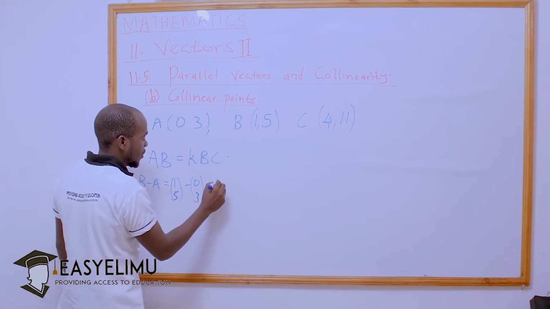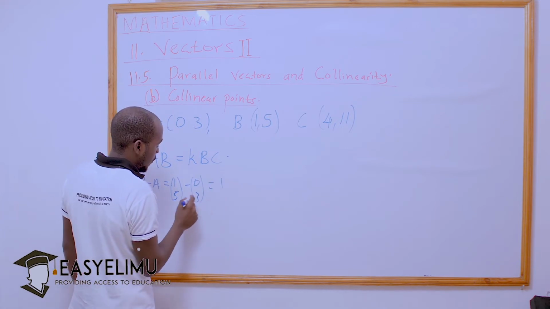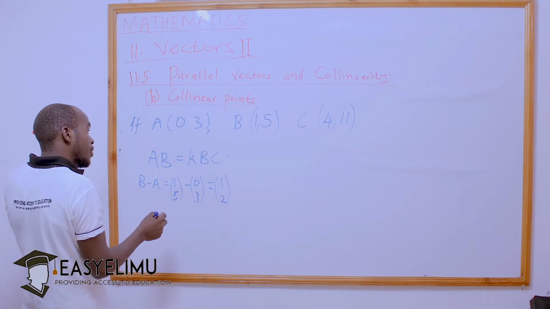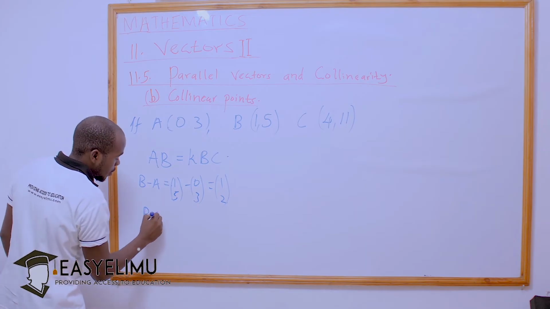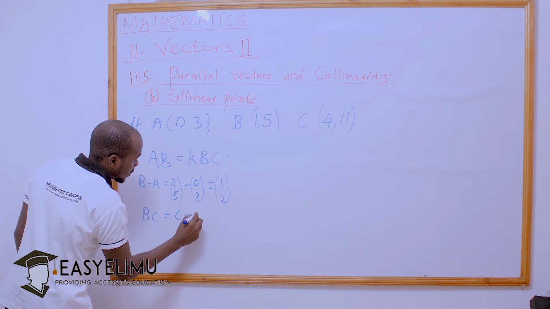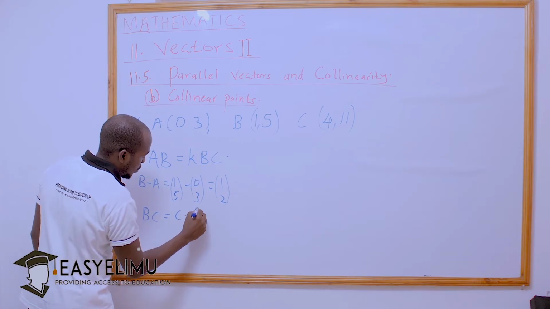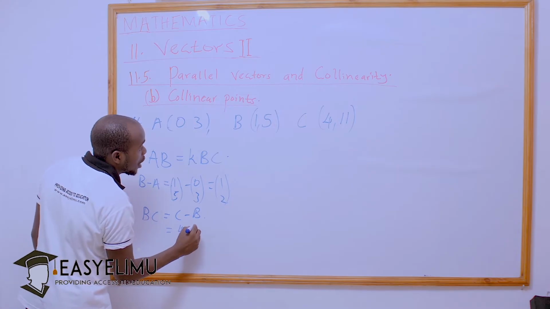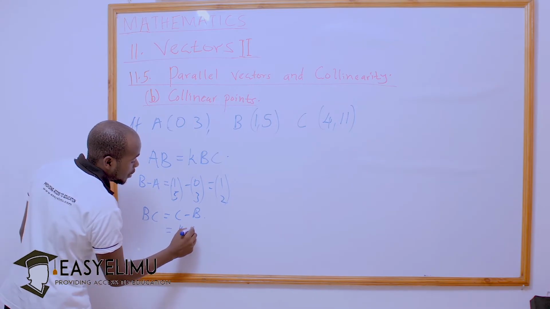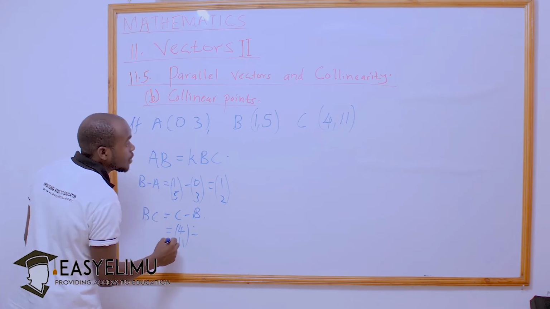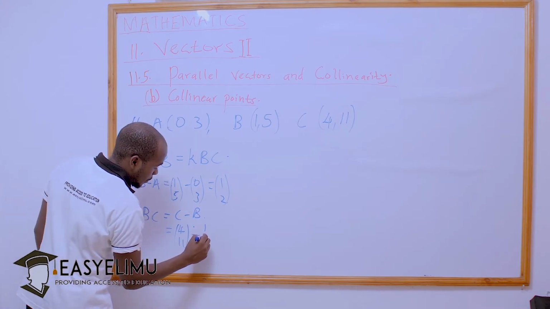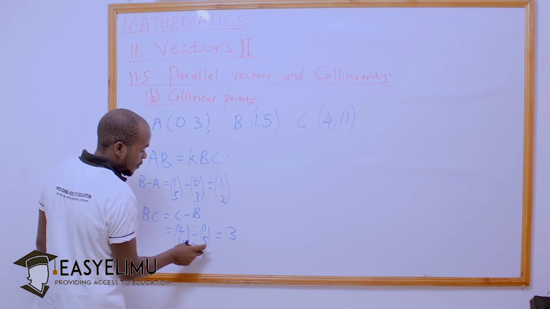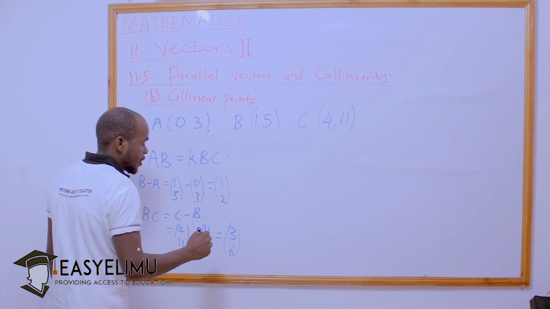This gives us 1, and 5 minus 3 gives 2, so AB is (1, 2). And BC is C minus B, which is (4, 11) minus (1, 5). 4 minus 1 is 3, and 11 minus 5 is 6. So that's what you have.